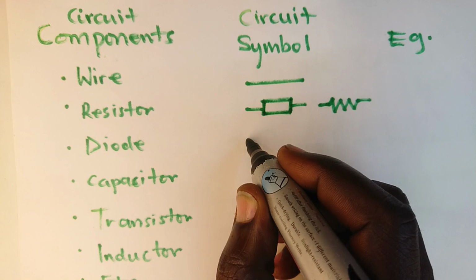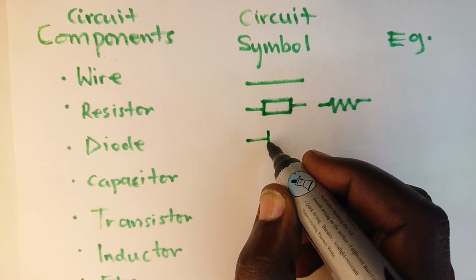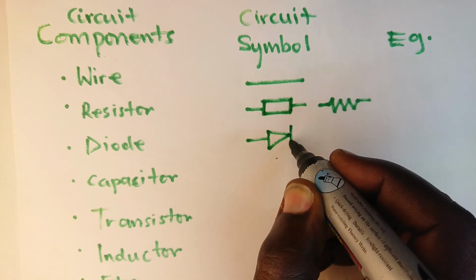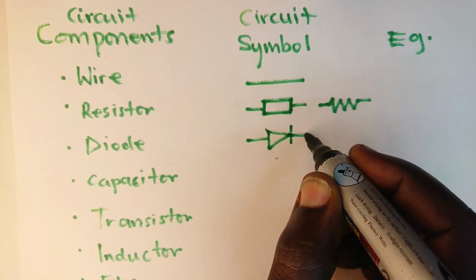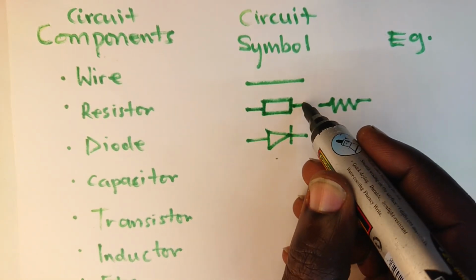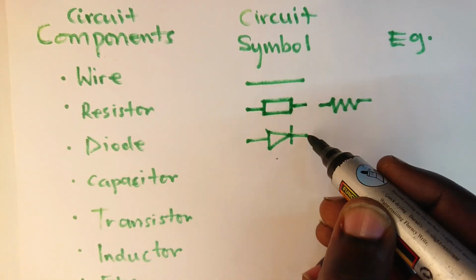Now a diode is basically a triangle with a dash on the top like that. Basically these are just like leads, connection points.